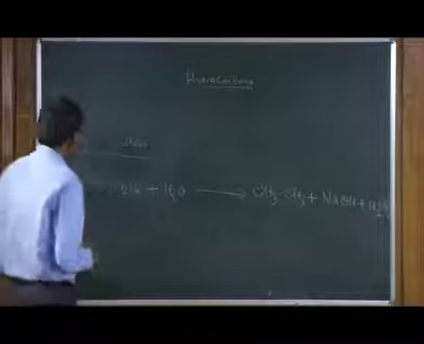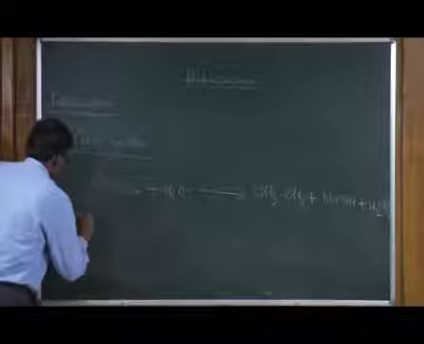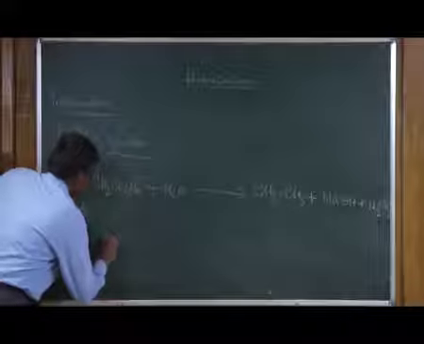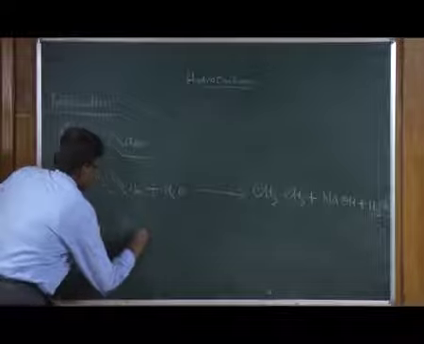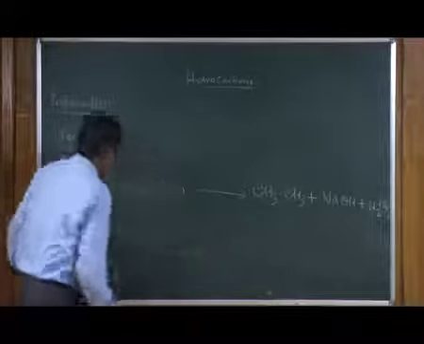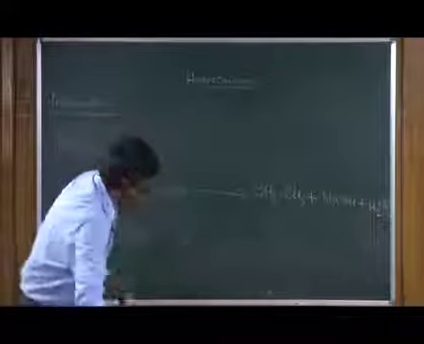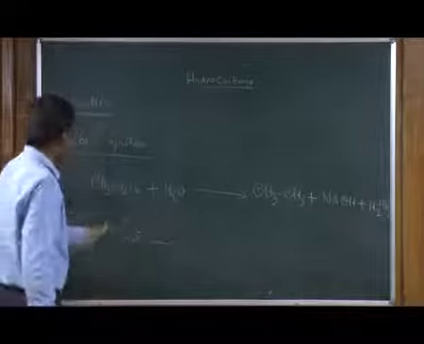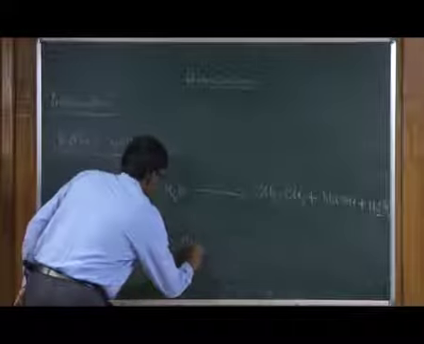How does the reaction take place? At the anode, if we take sodium acetate, it can lose 2 electrons and you generate the radical.